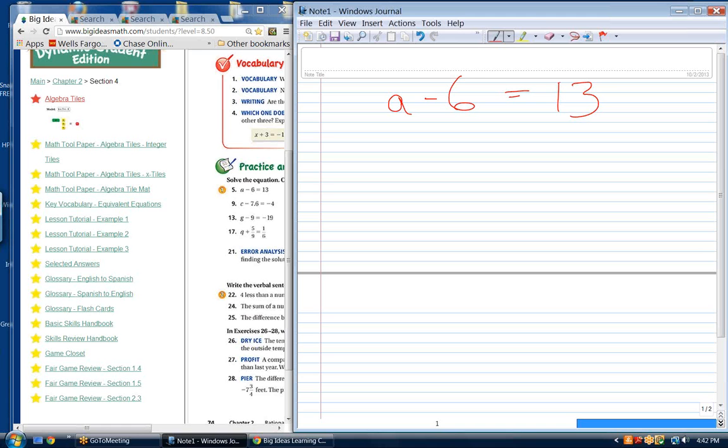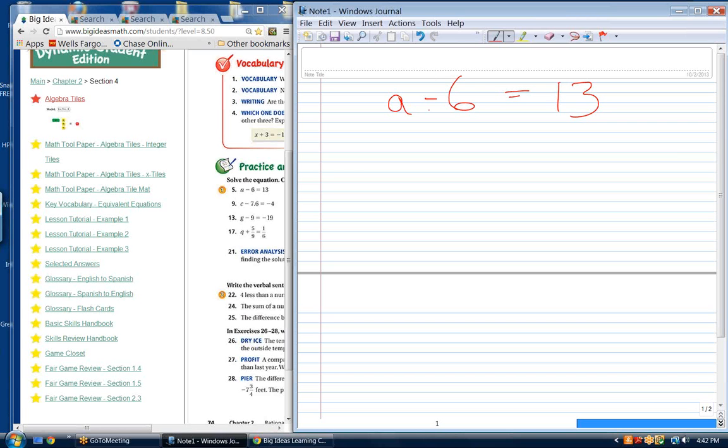So how do you solve a minus 6 equals 13? The way I always did it was you did it backwards, I guess. So you would do 13 plus 6 to get a. Okay, there's one fundamental rule for solving equations that works on everything: you can do whatever you want to one side of the equation as long as you do it to the other.